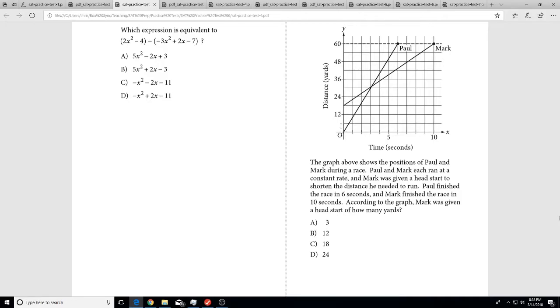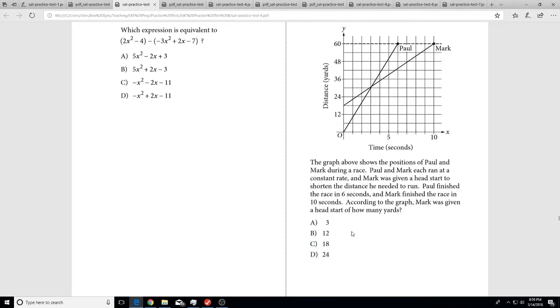So we can see Paul at 0 seconds started at the distance of 0. When time is 0, Mark started at a distance of 18. So that means Mark had an 18-yard head start. C.